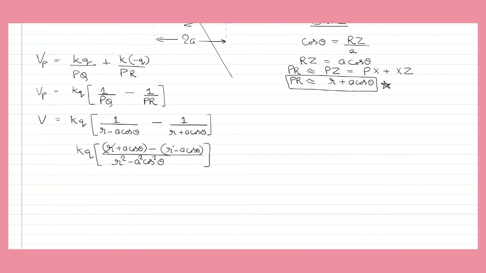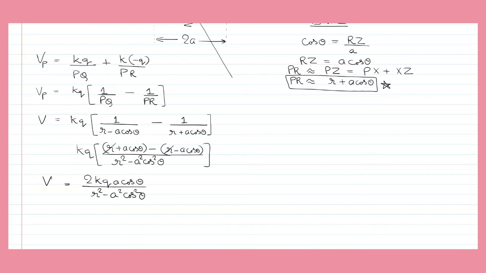Now r and r will cancel, and a cos theta plus a cos theta will give 2a cos theta. So V is 2kqa cos theta divided by r square minus a square cos square theta.